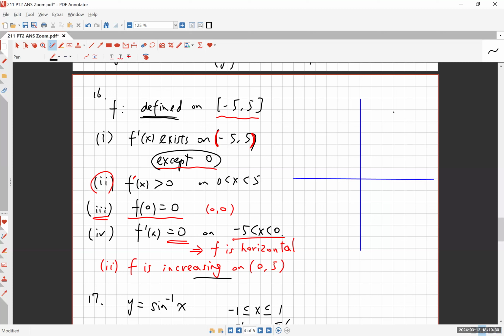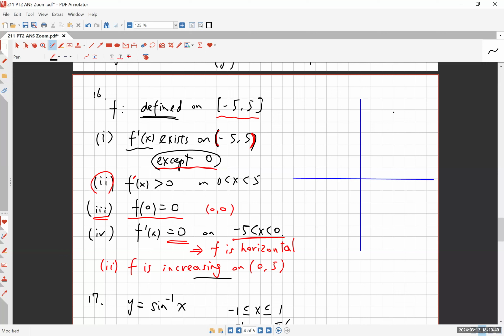And only one point y for each x in that interval. And the problem says that the function has to satisfy all of the properties. So we have to draw the graph of one function that satisfies the following. The problem says f is differentiable everywhere on -5 to 5.